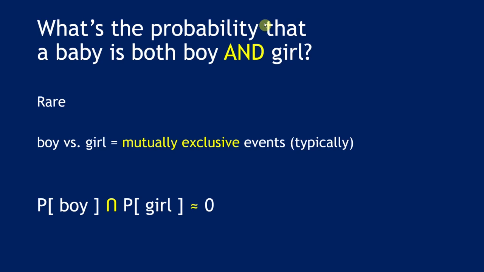Well, being a boy usually prevents you from being a girl, and vice versa. So the intersection of the two should be close to 0. In other words, the probability of being both a boy and a girl should be close to 0. But again, I want to emphasize that things do happen, and there are always exceptions to this general rule.